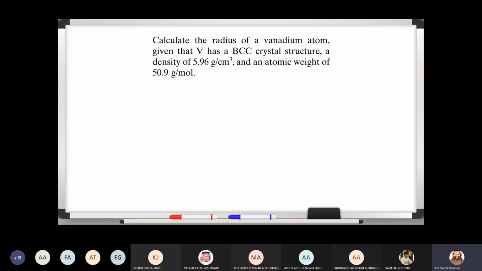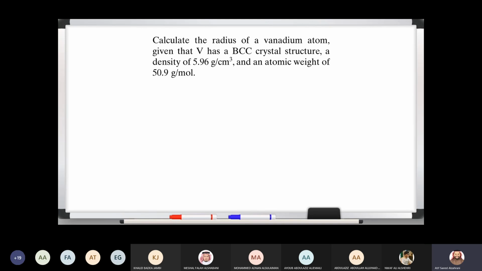And most importantly, we were talking about the unit cell. One of the reasons that we study unit cells is because you can generalize the behavior of the whole material based on the unit cell. And we computed the density of the material based on just the unit cell.